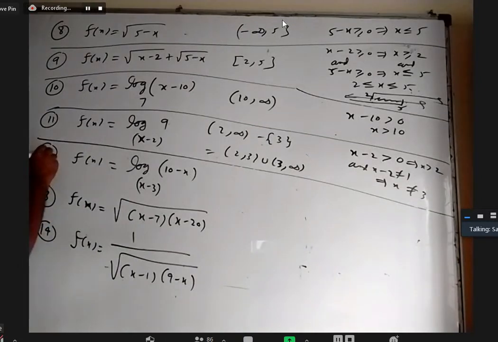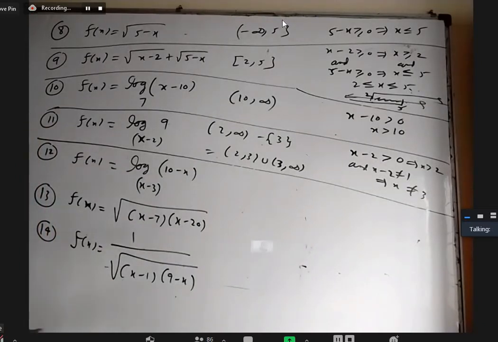Anybody want to tell the 12th one? Open interval 3 comma 10 minus 4.